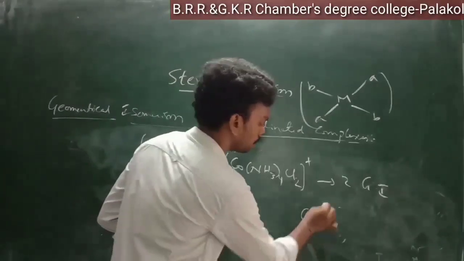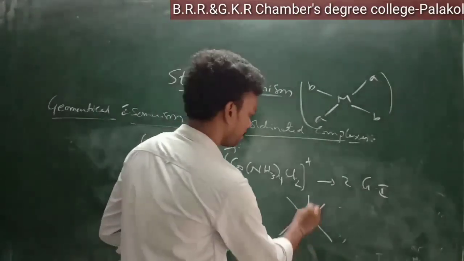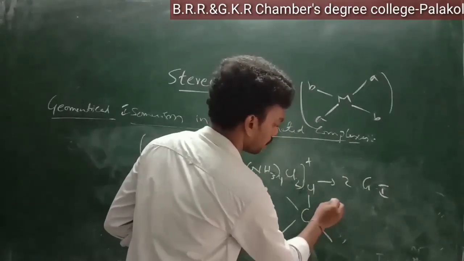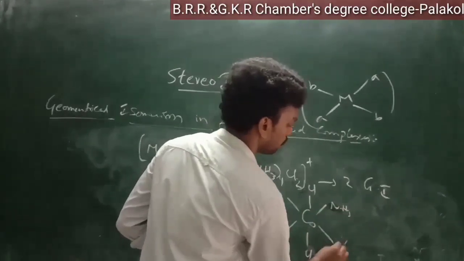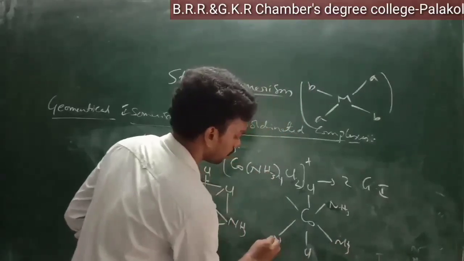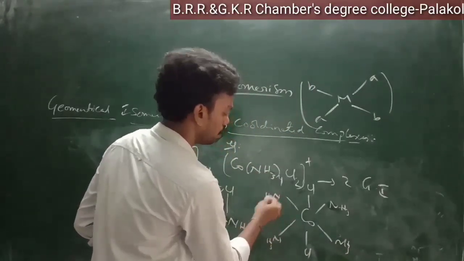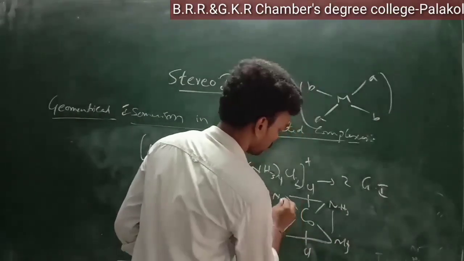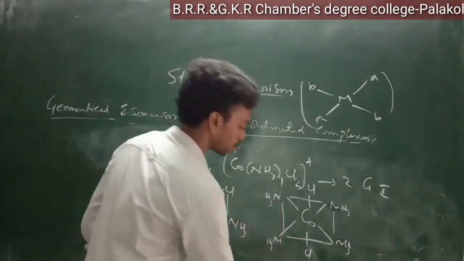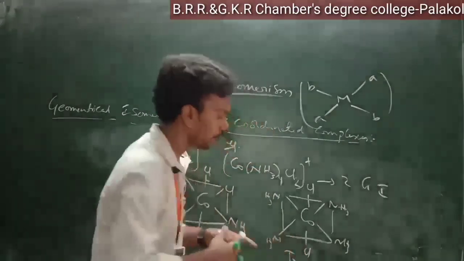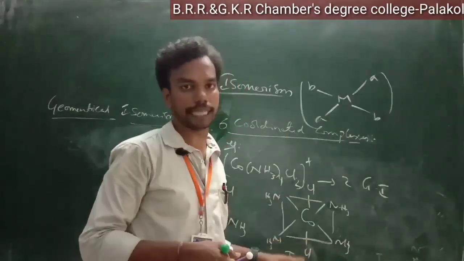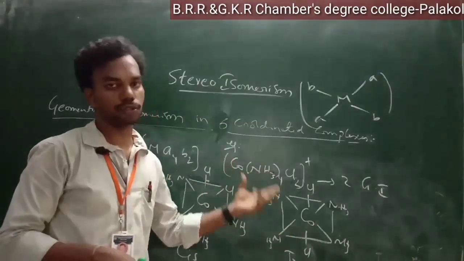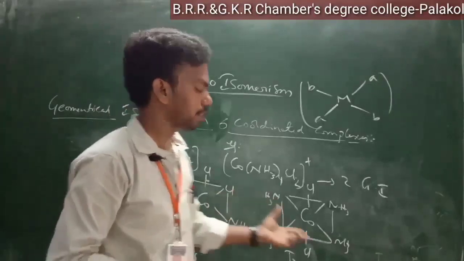And the next one is Co with chlorine, chlorine, NH3, NH3, NH3, NH3. This is trans. Here two chlorines are on opposite sides, so this is the trans isomer. So this complex exhibits two geometrical isomers, one is cis and the second is trans.